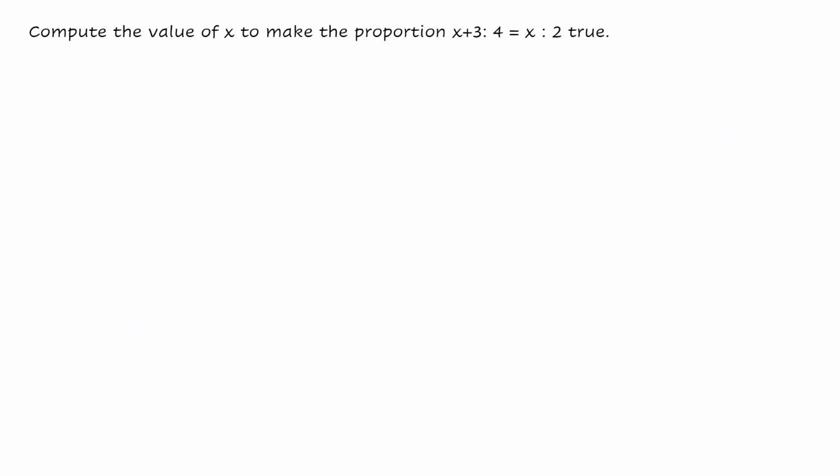Next question. Compute the value of x to make the proportion x plus 3 is to 4 equals x is to 2. So from our proportion, x plus 3 is to 4 equals x is to 2.